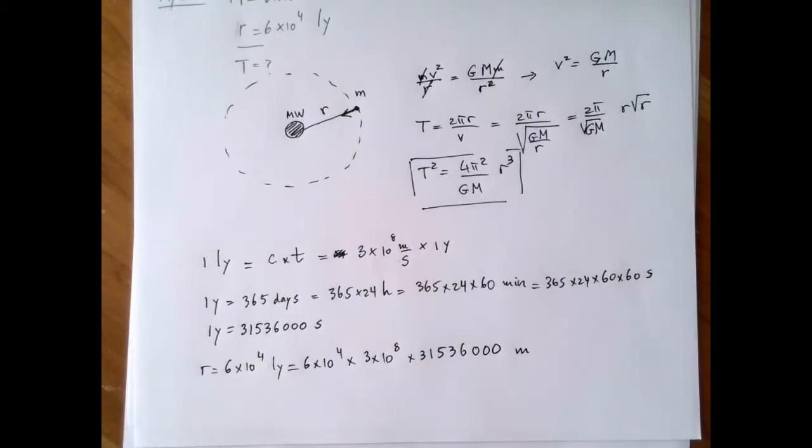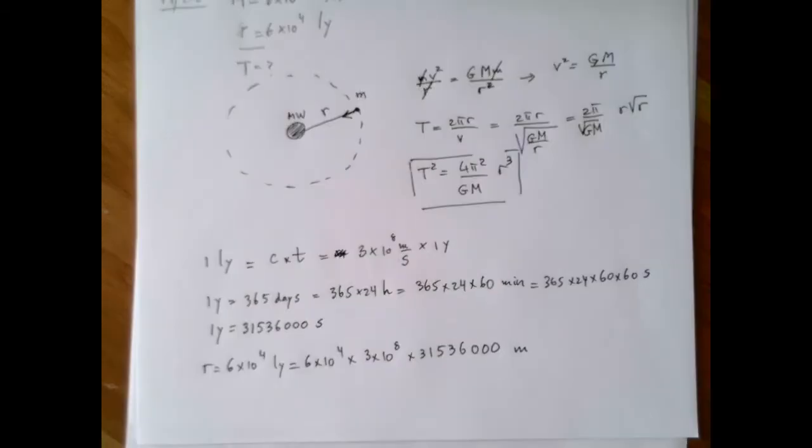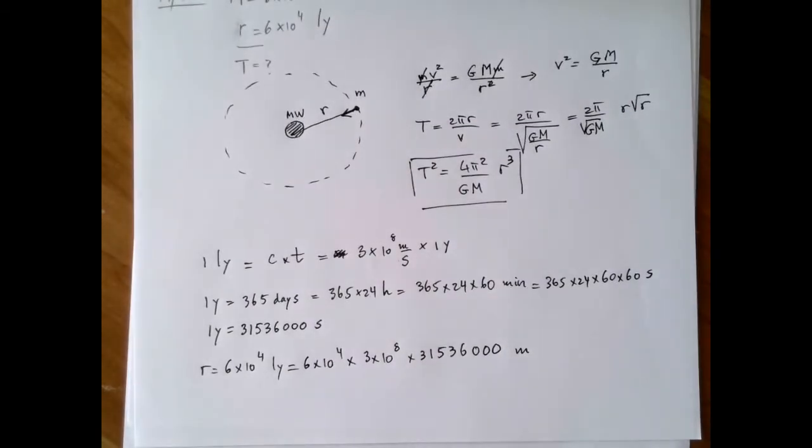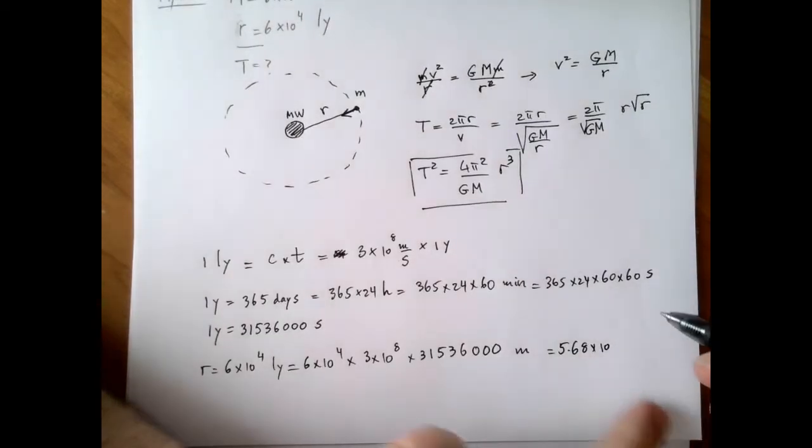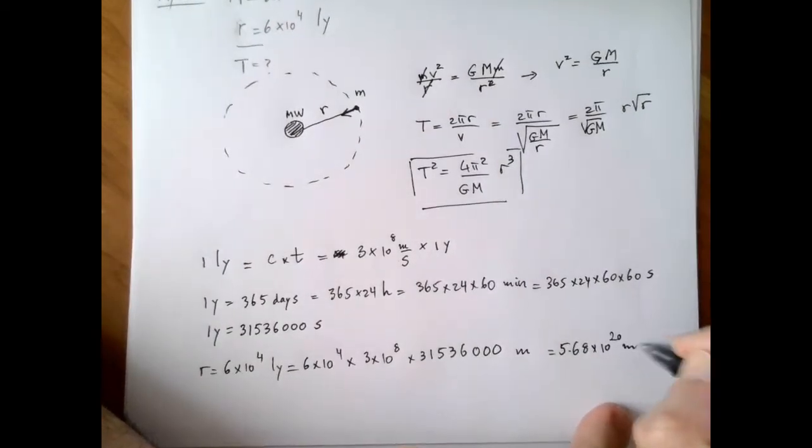This will be in meters. So obviously it is a huge number, as we can expect. So I get 5.68 times 10 to the 20 meters.